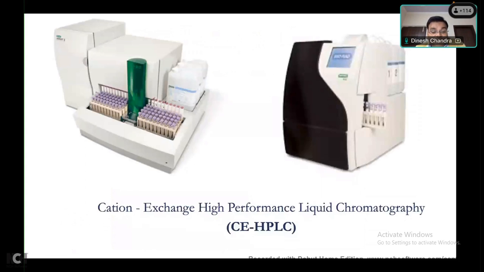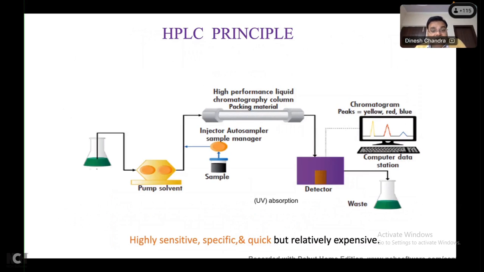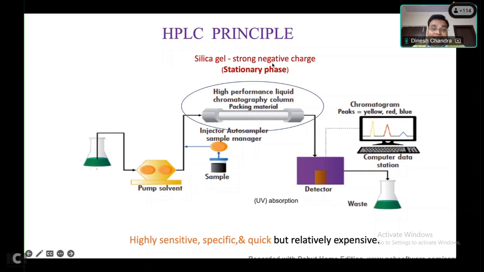The most commonly used technique is HPLC, which is cation exchange high performance liquid chromatography. This is the pictorial representation of how it looks. Basically there are two phases. One is the stationary phase, which is made of silica gels, strongly negatively charged layers.